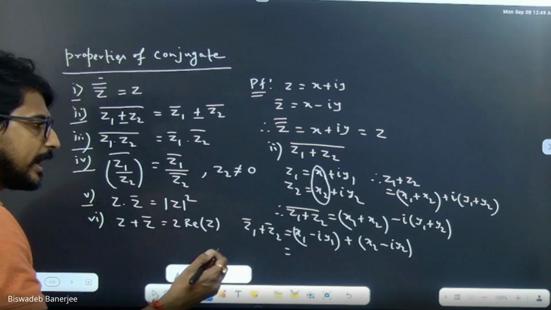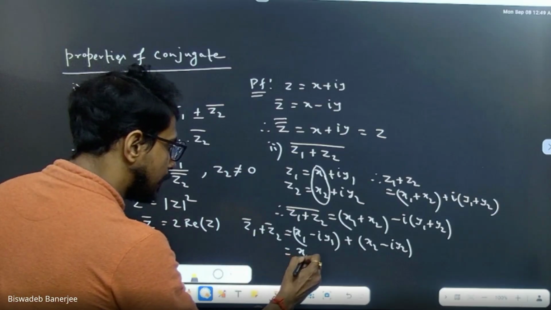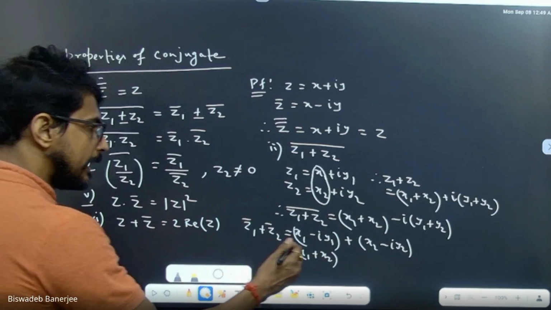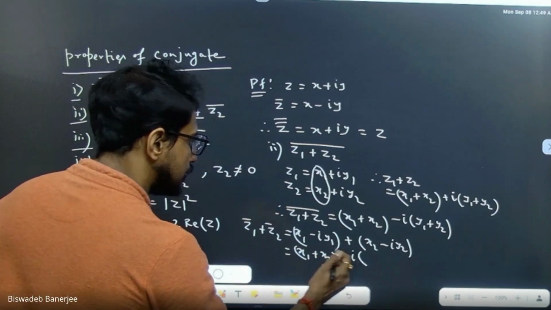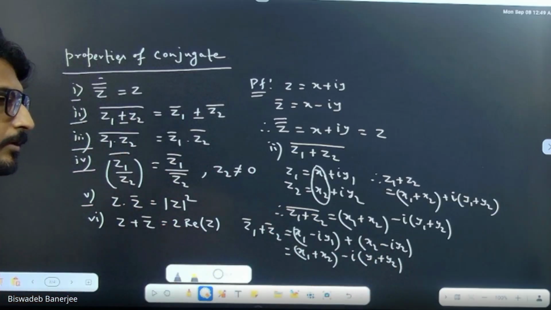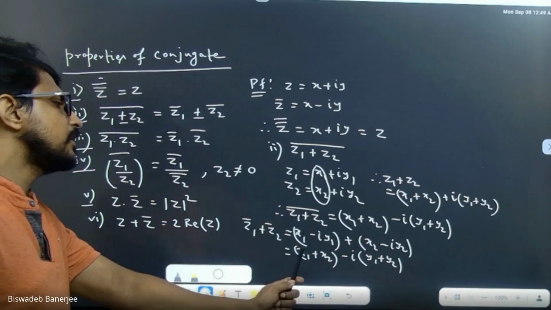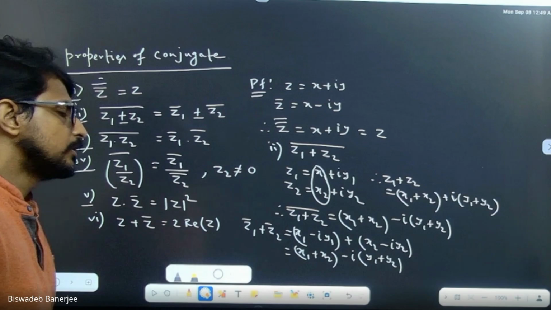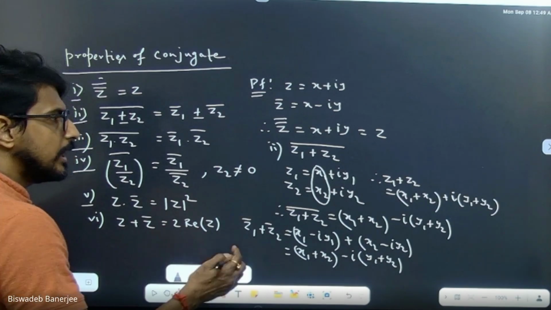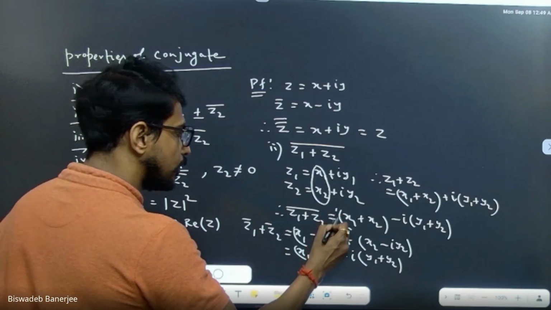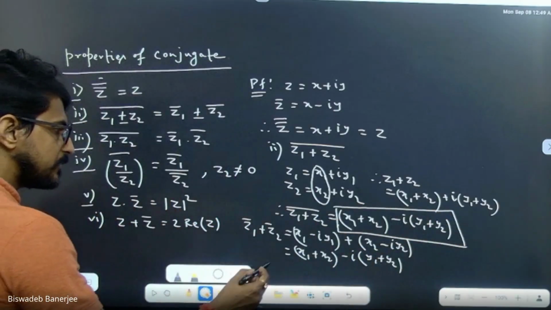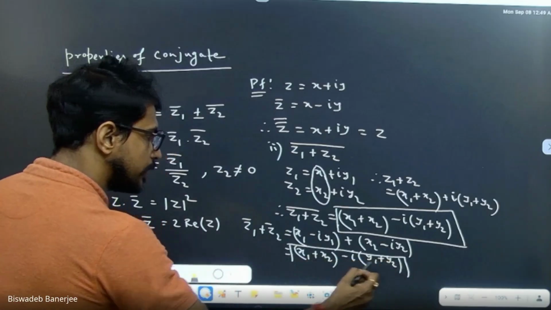So if we add them, we shall get x1 + x2, and if we take minus i common, this will be y1 + y2. See that this is my (z1 + z2) whole conjugate, and this is my z1 conjugate plus z2 conjugate.